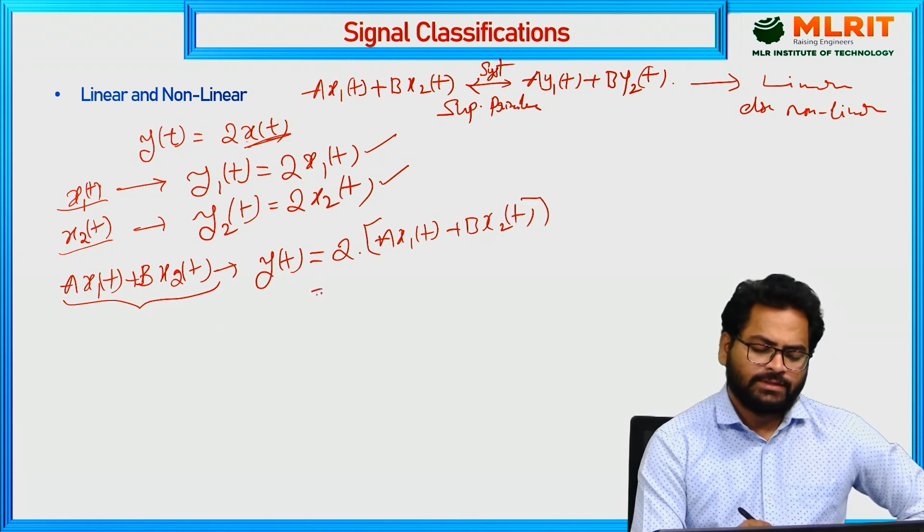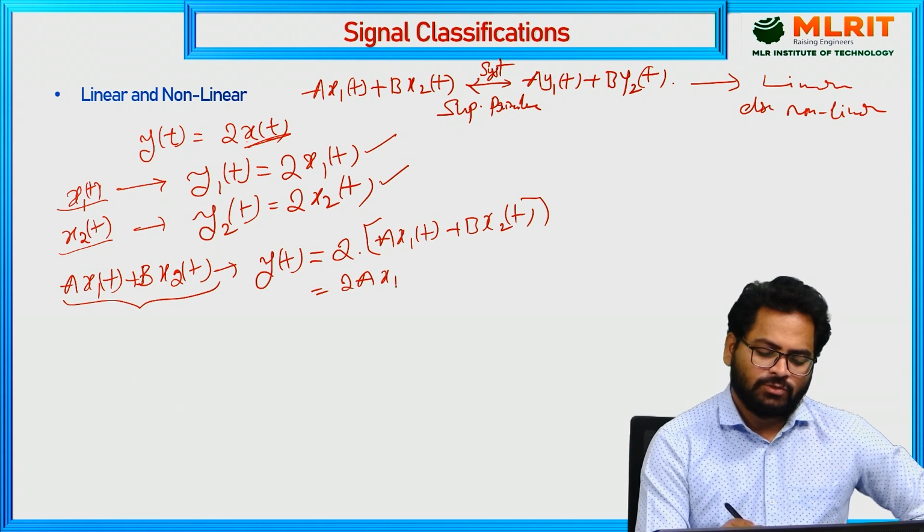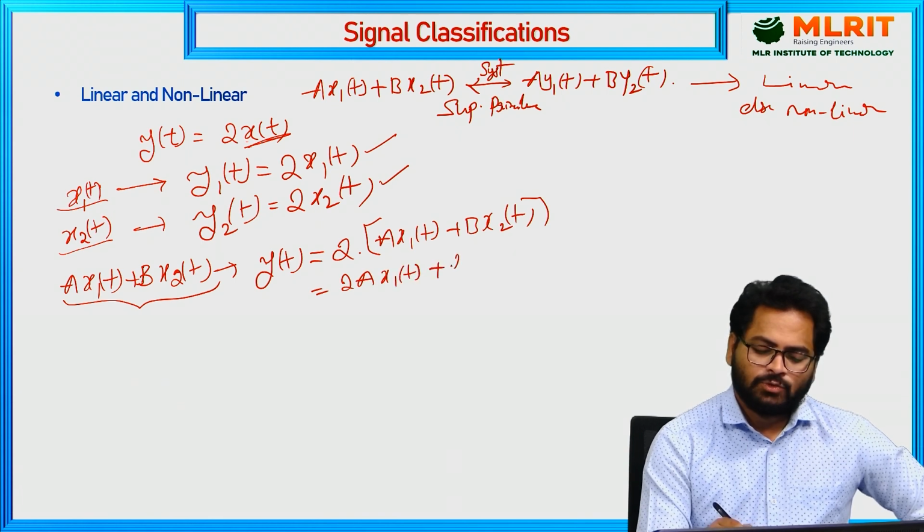So simplify this: 2 into a into x1 of t plus 2 into b into x2 of t.